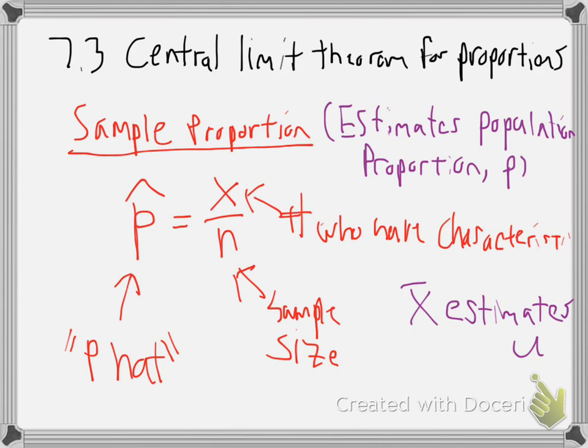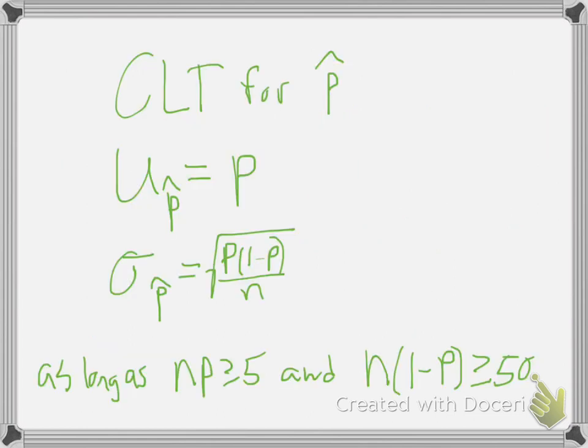So we're going to look at this statistic, the sample proportion as opposed to the sample mean, and there's a central limit theorem for that. The central limit theorem for sample proportions is that the mean of the sample proportions is equal to the population proportion. That's just the same thing.